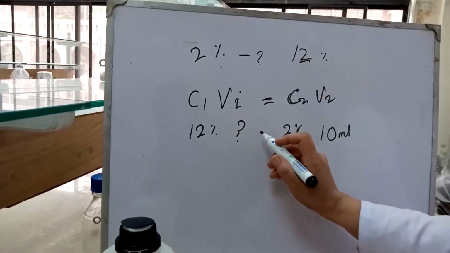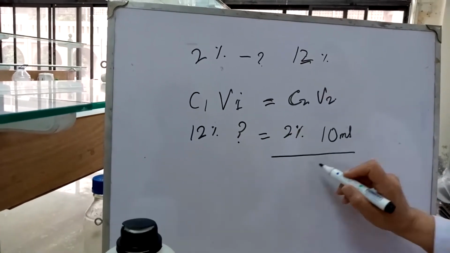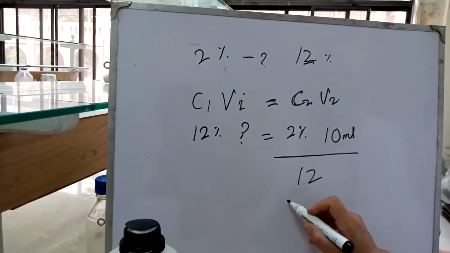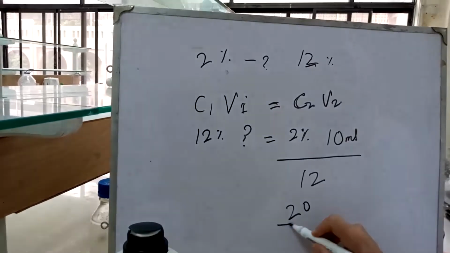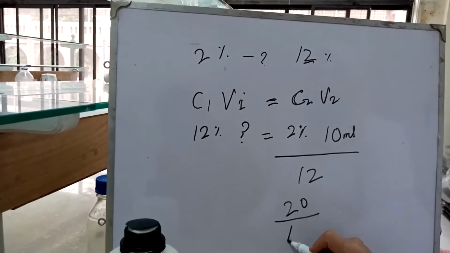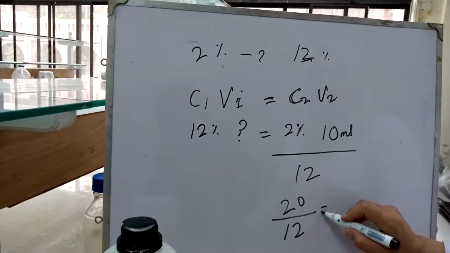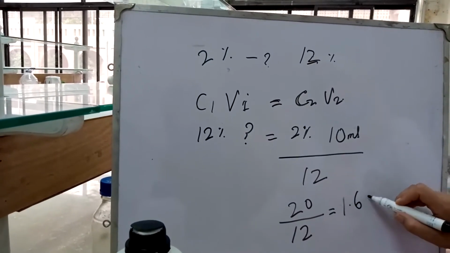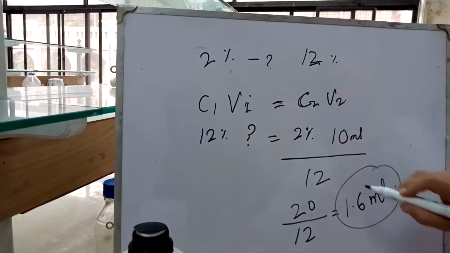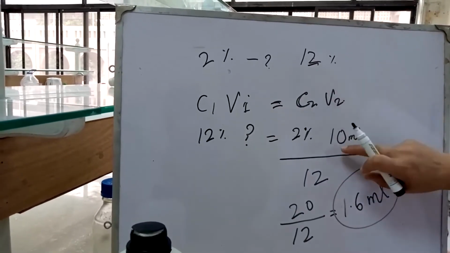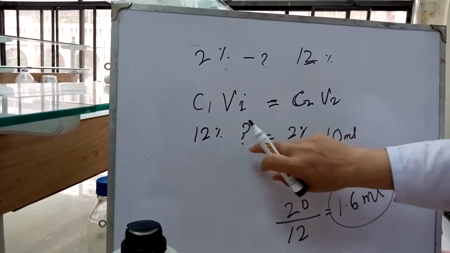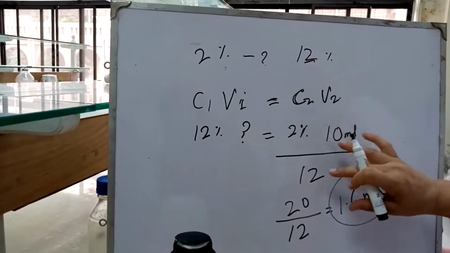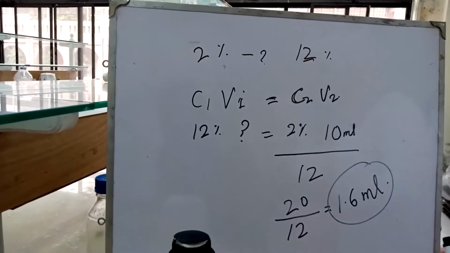So what will we do? We will divide it by the 12, and it will be 20 divided by 12, which is equal to 1.6 ml. So this much volume will be used to make 10 ml of 2% solution of sodium hypochlorite.